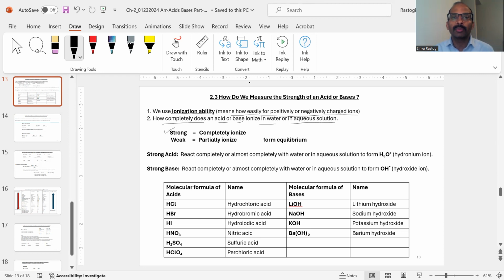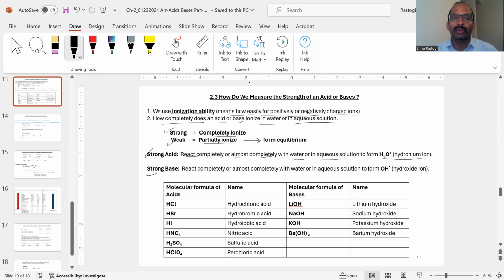So there are two terms, strong acid and weak acid. Strong acid means it completely ionizes into ions, and weak means it partially ionizes, which basically results in an equilibrium. So what is a strong acid? Strong acids are those acids that react completely or almost completely with water or in aqueous solution to form hydronium ion.